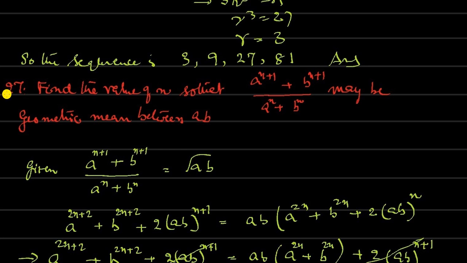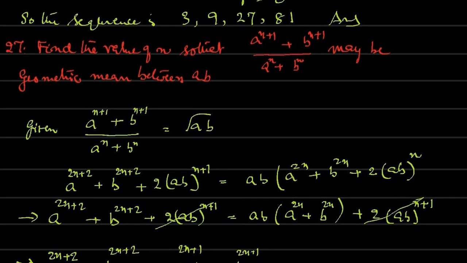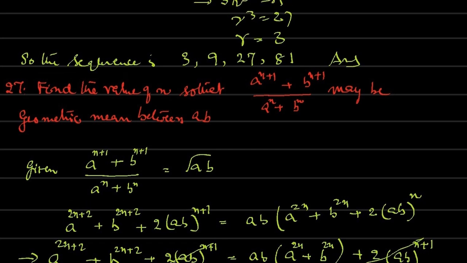Problem number 27. Find the value of n so that (a power n plus 1 plus b power n plus 1) by (a power n plus b power n) may be the geometric mean between a and b. Suppose this is the geometric mean, that means this whole term must be equal to root of ab.